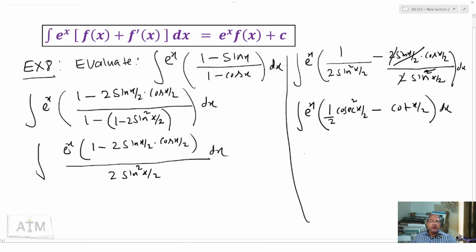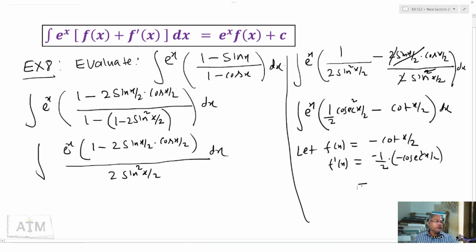We know that the derivative of cot is nothing but minus cosec square. Therefore let f of x equals minus cot of x by 2, f dash x is nothing but 1 by 2 cosec square x by 2.